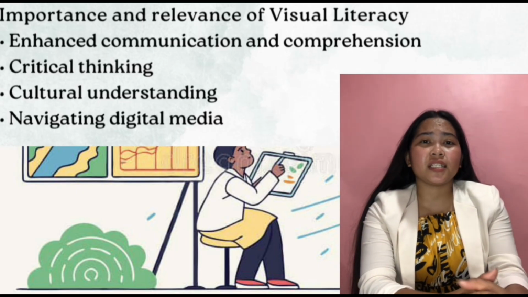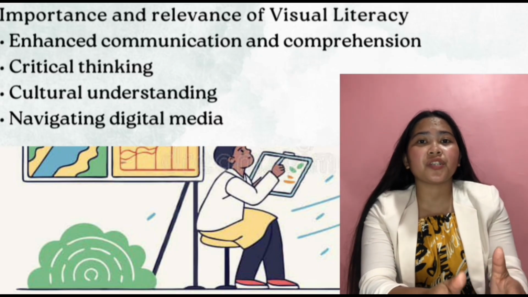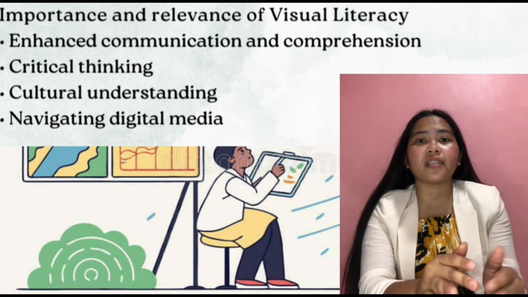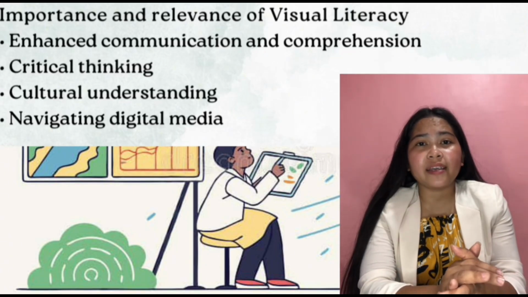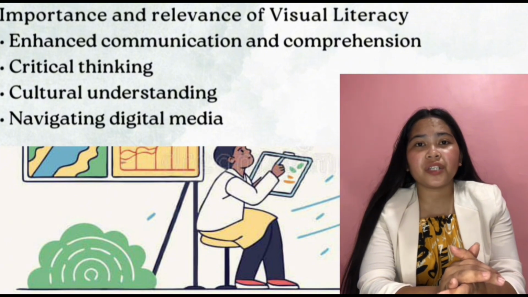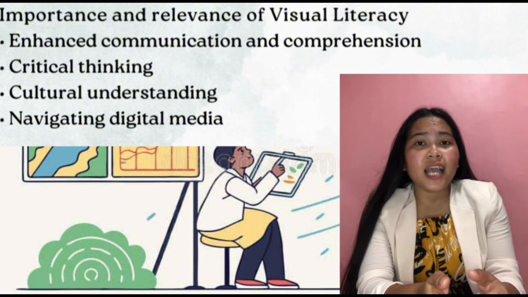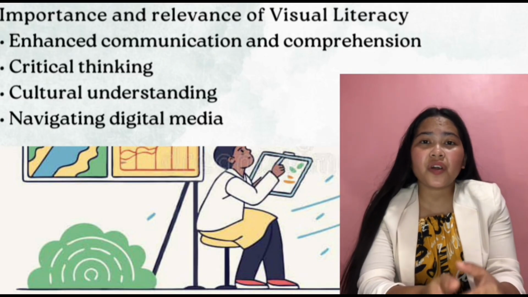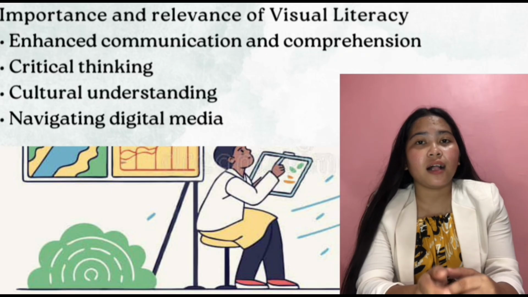Visual literacy is essential for effectively communicating ideas in a visually driven world, and visual aids significantly improve understanding and memory retention. According to the group iCare, high-speed training notes that visuals convey complex ideas, emotions, and stories that might be difficult to express through words alone.